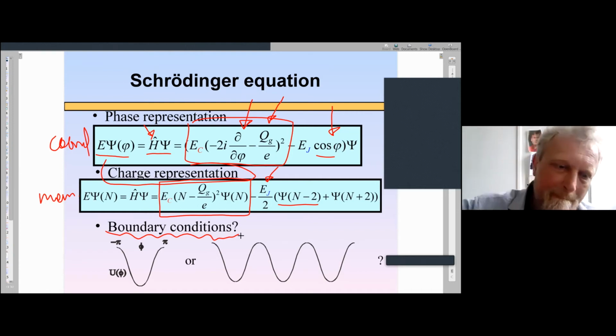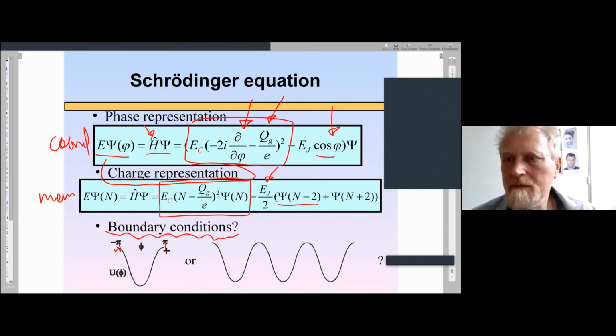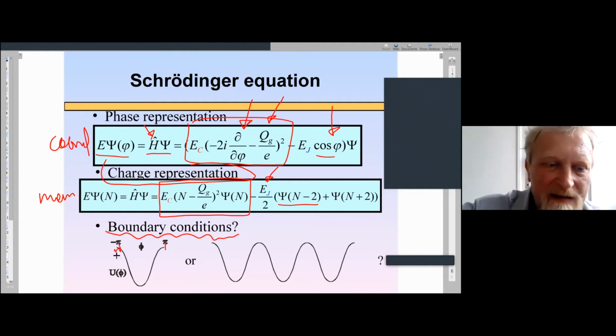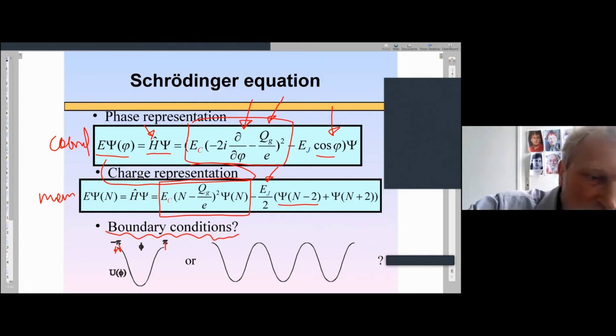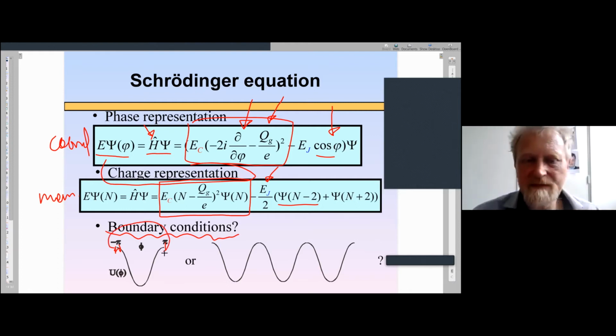First answer, I just define phase on an interval from minus pi to pi, and I glue these points. So in fact, phase would be defined on a closed manifold, if you wish. What would be the best representation for this manifold?